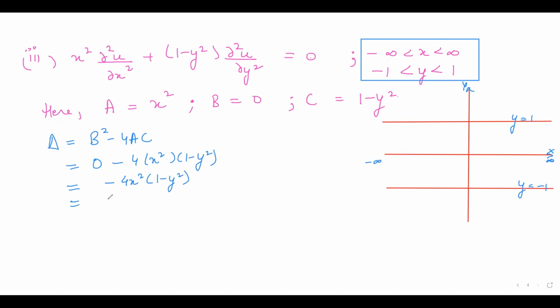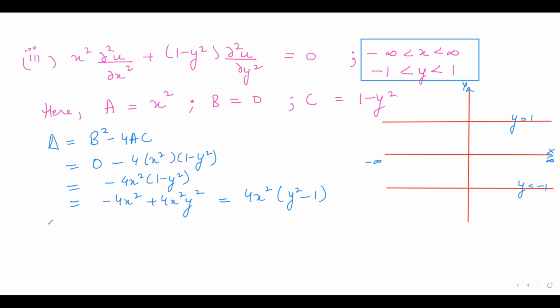So that's minus 4x square plus 4x square y square, or I can write this as 4x square, y square minus 1. Okay, so this would be easier for you to understand.